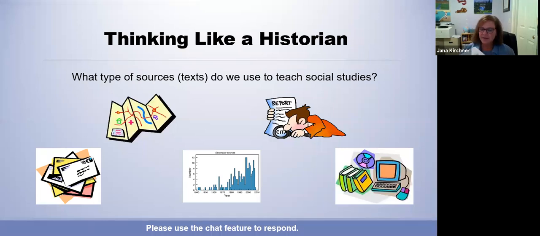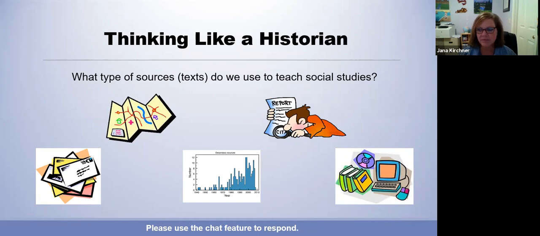Absolutely, journals is a type of primary source. Data tables, thank you, Ryan. Anything else we haven't already said? Speeches, okay?